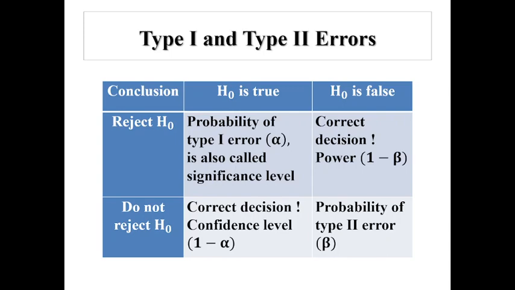And type 2 error is when the null hypothesis is false, but you do not reject the null hypothesis. Okay? So the probability of making a type 2 error, usually we denote as beta. And this beta is different from the coefficient beta we showed here. Although they use the same notation, it's a really different meaning. And this one is a correct decision.